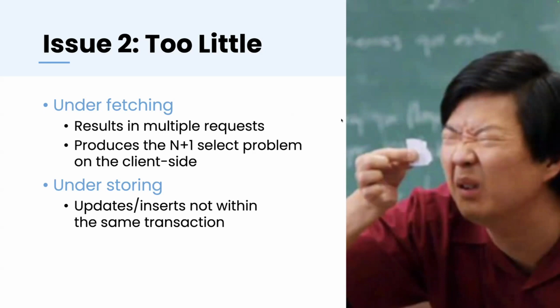For example, we fetch data from the backend and realize, oh, for this screen here, we also need that and that and this data, and then we do multiple requests to fetch that. That's maybe not so bad because on the client side, we have asynchronous requests, but in the end, we could just move the N+1 select problem to the client side.